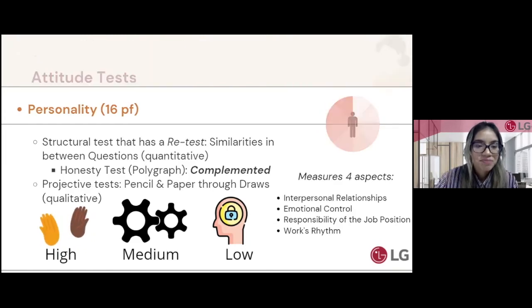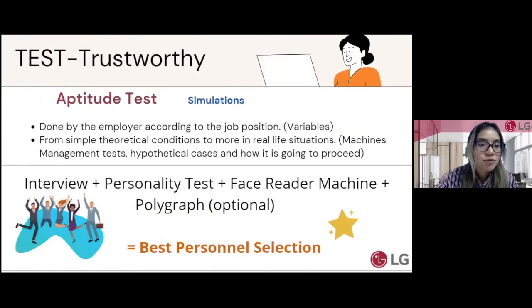Okay, so that being said, we have added aptitude tests, which are more about whether the person is skilled enough for the job position. We already know how the person is. Now we have to understand how much the person has in their cognitive skills to develop that job.